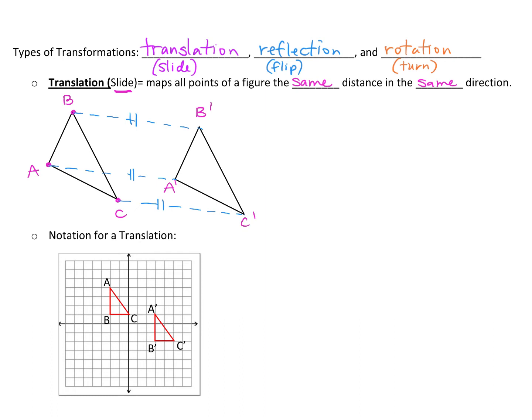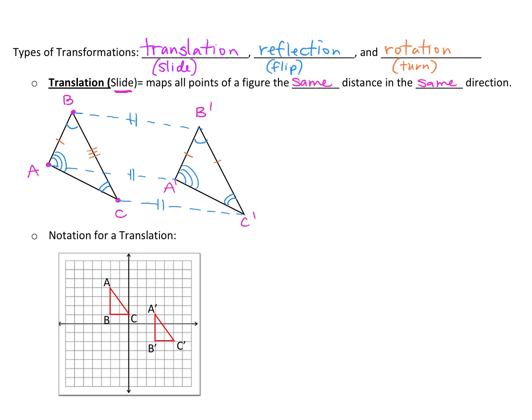A translation is a rigid motion. So whatever the figure started as, it's going to stay that same figure, and we're just sliding it. So it doesn't grow, it doesn't shrink, it's exactly the same figure, meaning that angle B is now congruent to B prime, angle C is congruent to angle C prime, and angle A is congruent to angle A prime. Okay, so they are congruent figures. That also means that AB is congruent to A prime B prime.